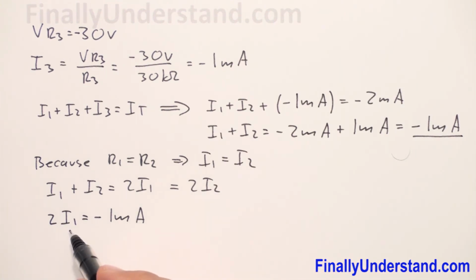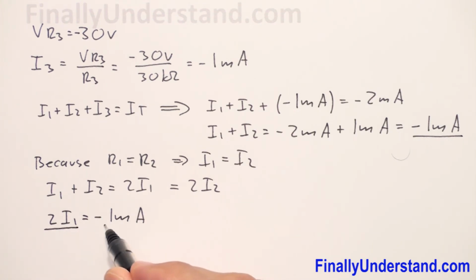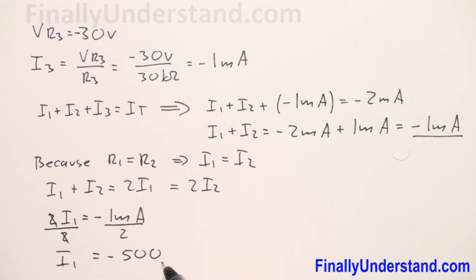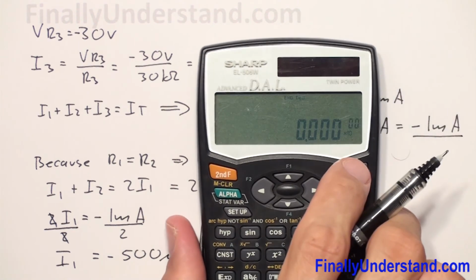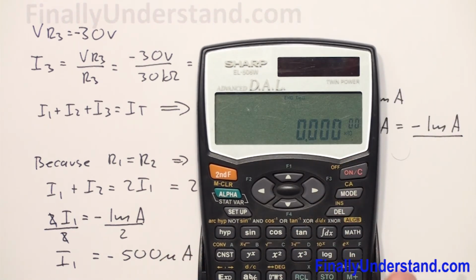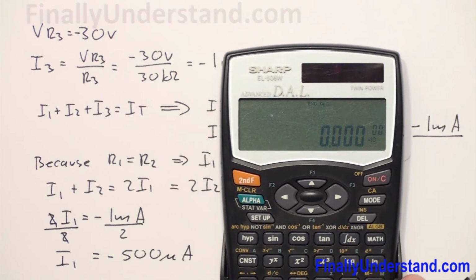In order to find I1, I have to divide both sides of my equation by 2. So 2 and 2 will cancel out, and I have I1 is equal to negative 1 milliamp divided by 2, which is equal to negative 500 microamps. But let's use the calculator just to make sure that everyone understands what's going on.